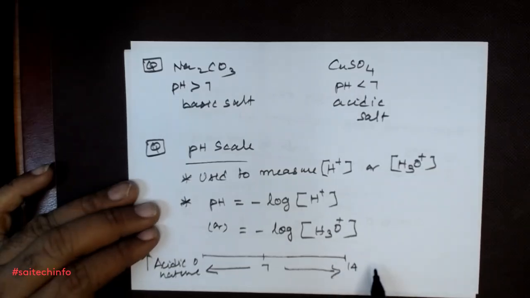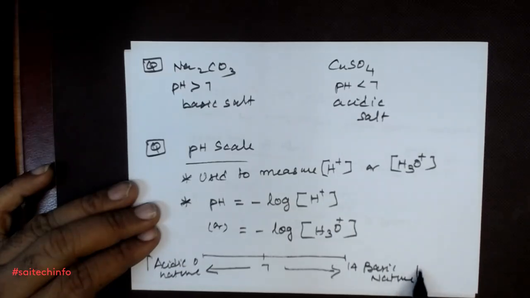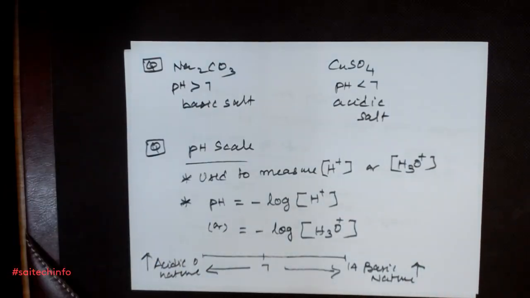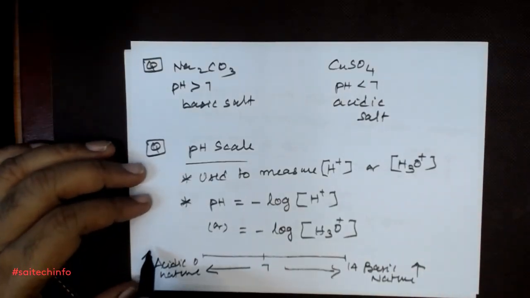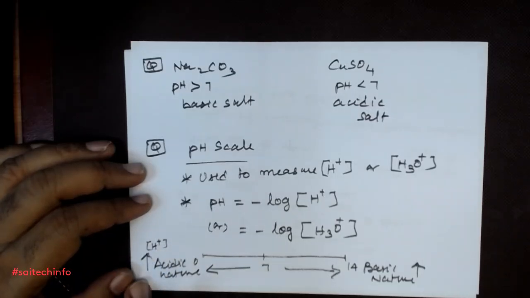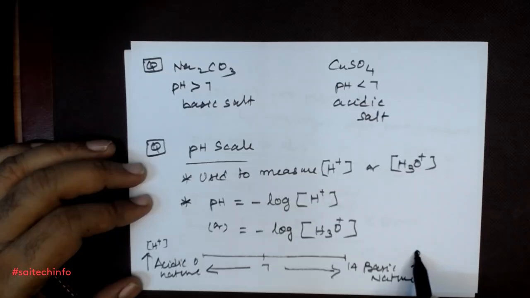Towards right, basic nature increases. So acidic nature means H plus ion concentration increases here. Here OH minus ion concentration increases.